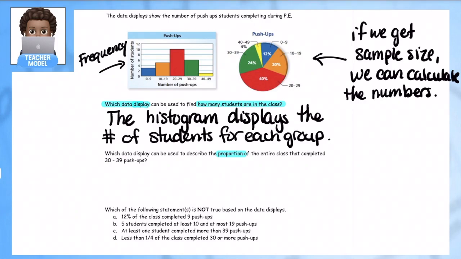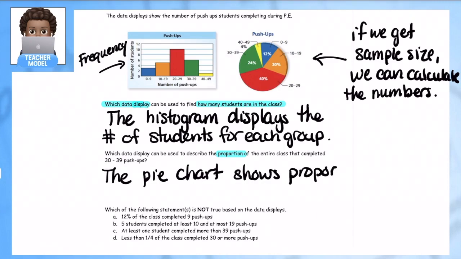All right, which data display can be used to describe the proportion of the entire class? Again, I can see it very easily because I see percentages here. The pie chart shows proportions and percentages. Now, in the histogram, again, I can figure it out.